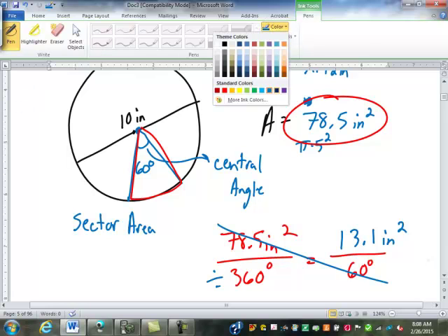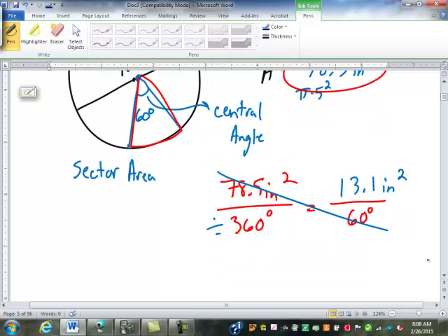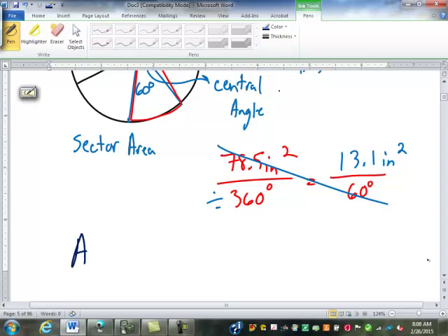Now there's a shortcut that's often used rather than setting it up in a proportion like that and cross multiplying and dividing. What they do is they take the area of the whole circle. That little A with that circle symbol means the area of the whole circle. Times theta, the Greek letter. You know how we use X, Y, Z, A, B, C letters as variables for missing lengths of sides? We often use Greek letters for missing angles.